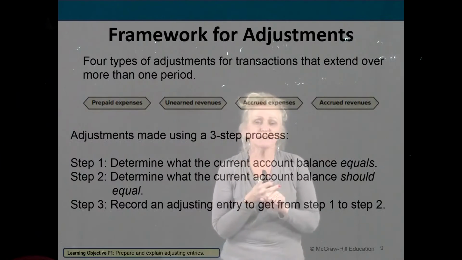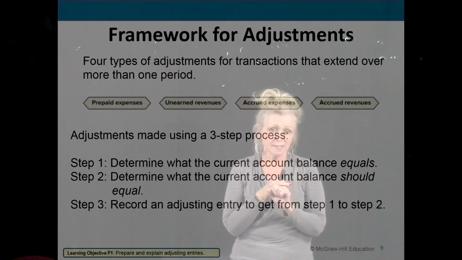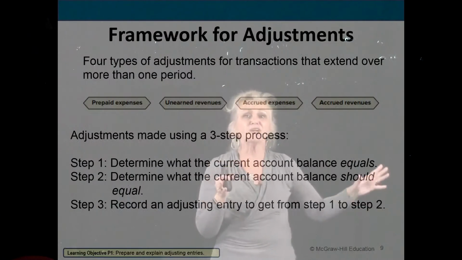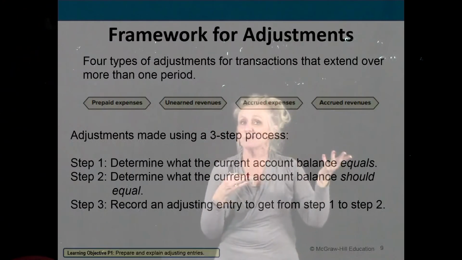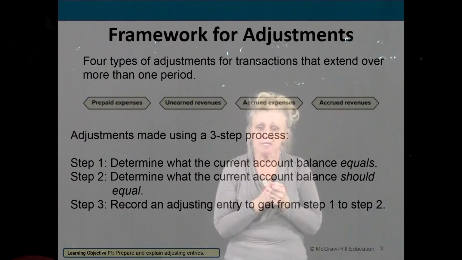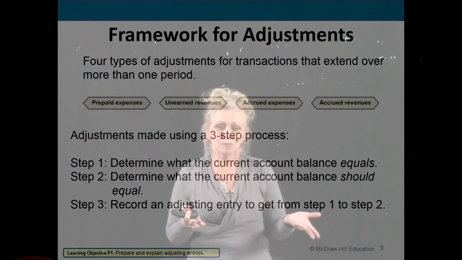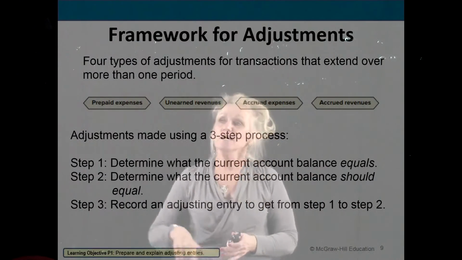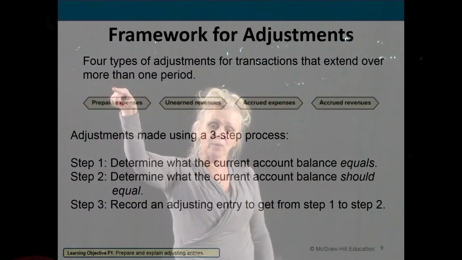The second one is season tickets to sporting or theater events, where you pay for the full season up front, and if for some reason they couldn't deliver a whole season, they have to pay it back to you. And the third type is magazine subscriptions. You may pay for a 2-year magazine subscription, and if they don't continue business, they have to return that money to you. So prepaid expenses are always an asset.